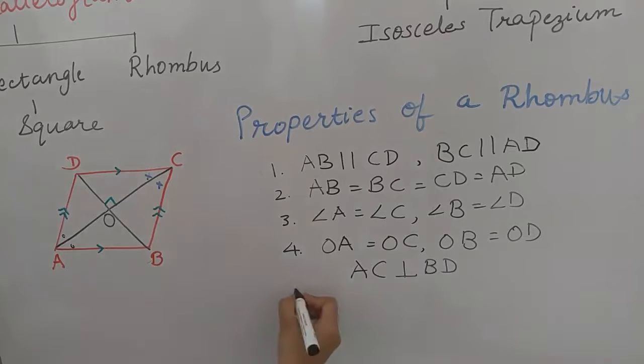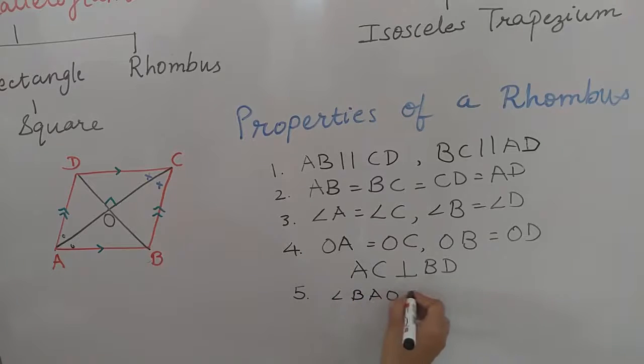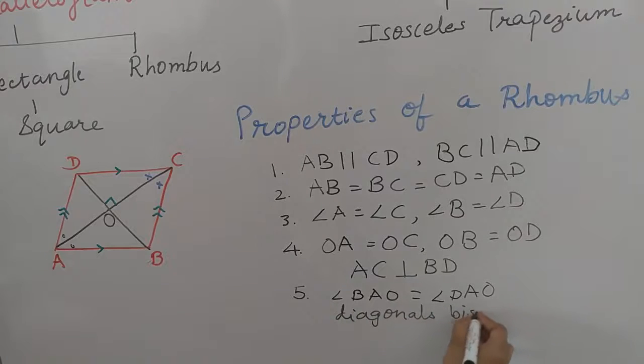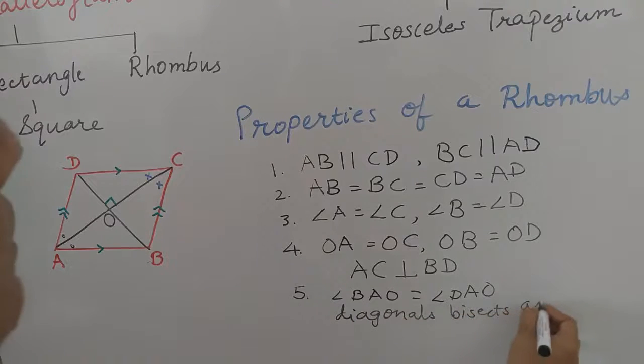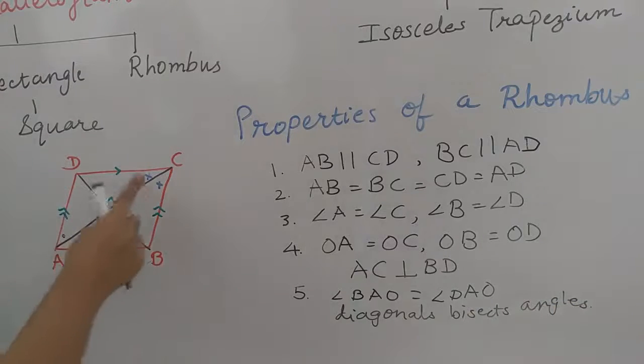So the last property, number 5, I am writing that angle BAO is equal to angle DAO, and likewise the opposite also equal. In other way, I can write diagonals bisect angles. So you can understand clearly that all the angles are bisected.